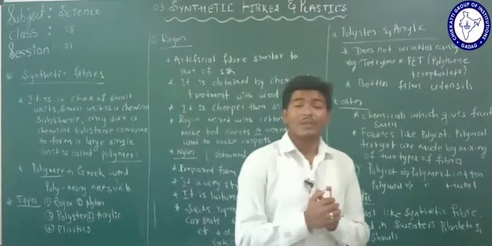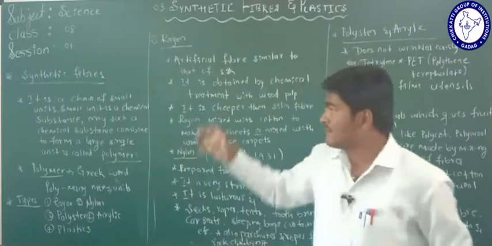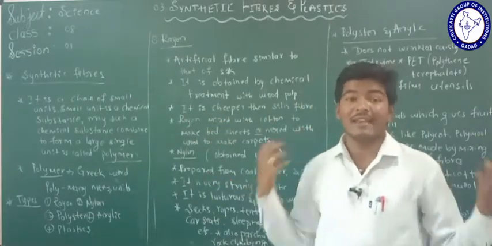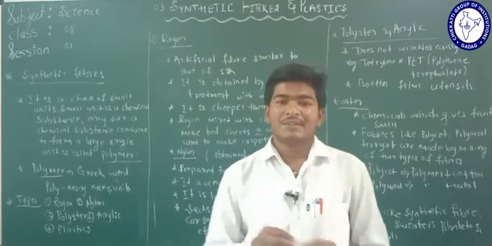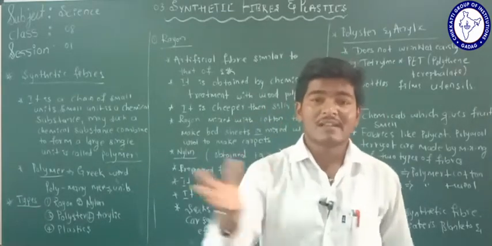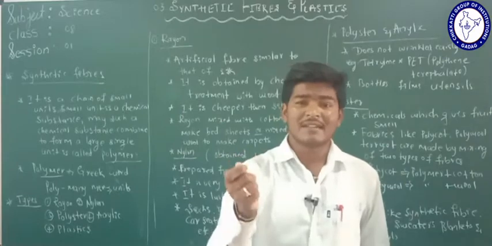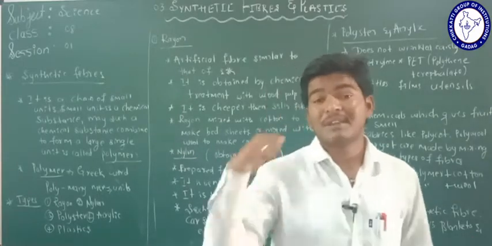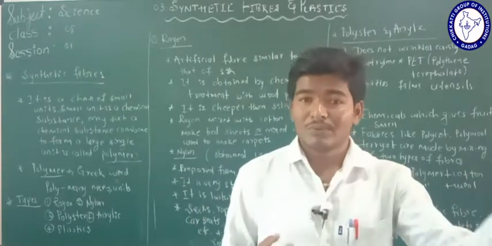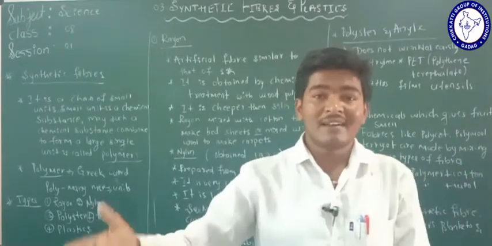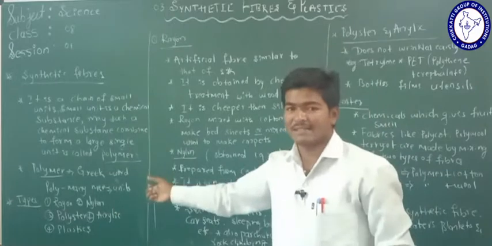We use some of these types of synthetic fibers in our daily life. Imagine a life without plastic. Every day of ours starts with plastic, when we use a brush. The brush is plastic, and when we go for bathing, the bucket is also made of plastic, isn't it?